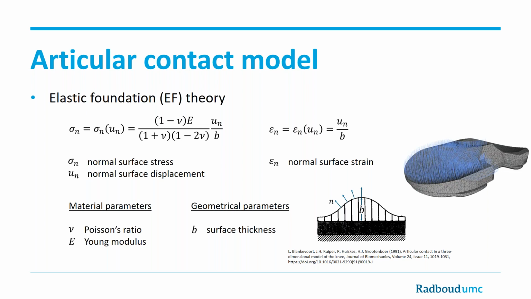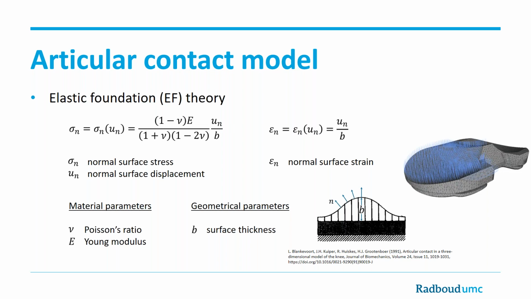Essentially, if we know the thickness of the elements of the surface, and we know the general material parameters, such as the Poisson ratio and the Young modulus, it is possible to calculate an equivalent elastic modulus for each element in the surface, so that we can then estimate the contact pressure.